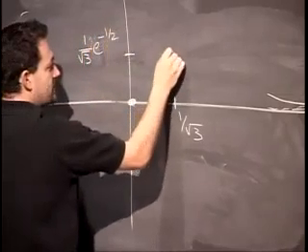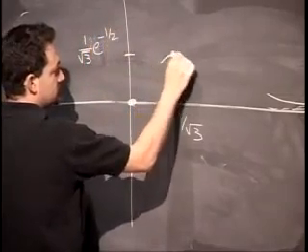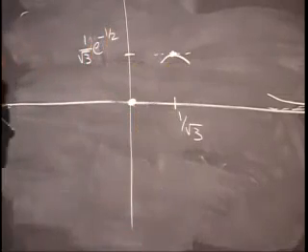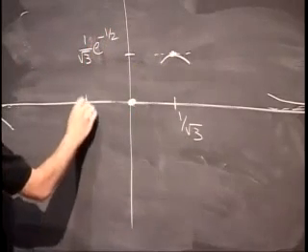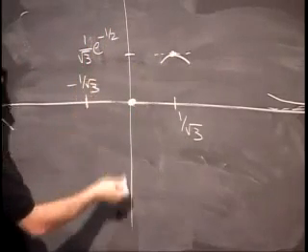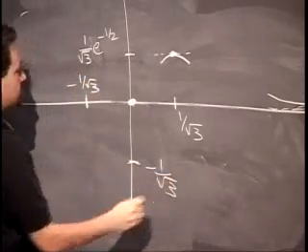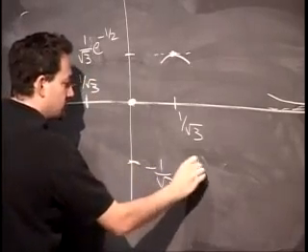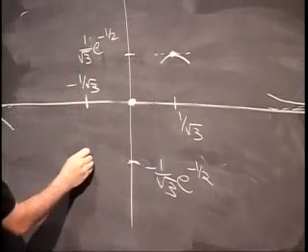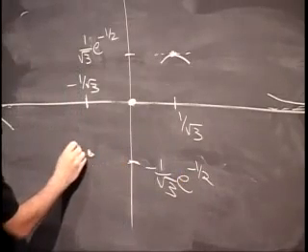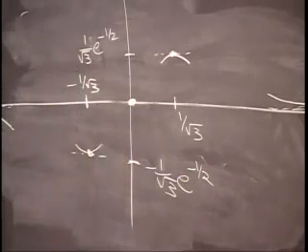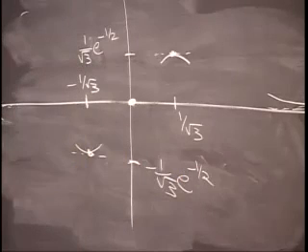So there's a local maximum here. And just purely because the function is odd, there's a local minimum at minus 1 over root 3, comma, minus 1 over root 3 e to the minus 1/2, which is here. So that's a local minimum. Great. We're making big progress.